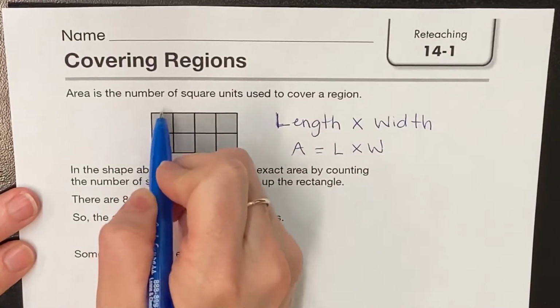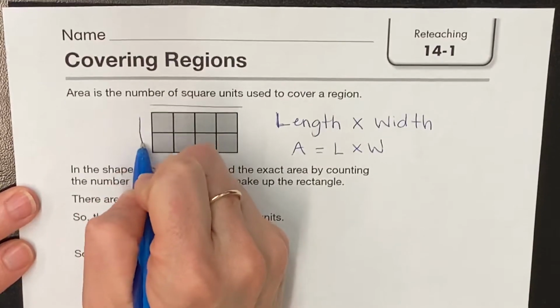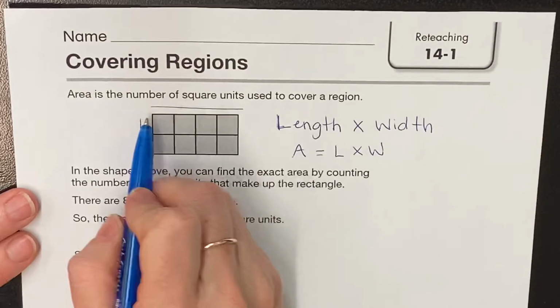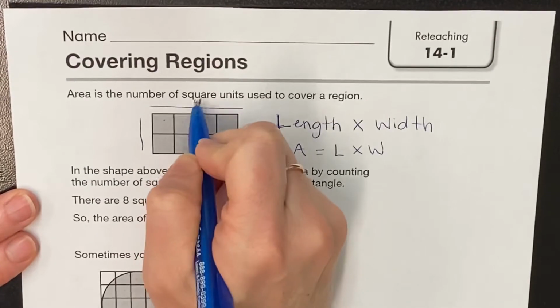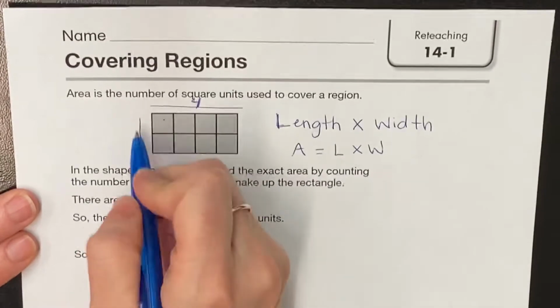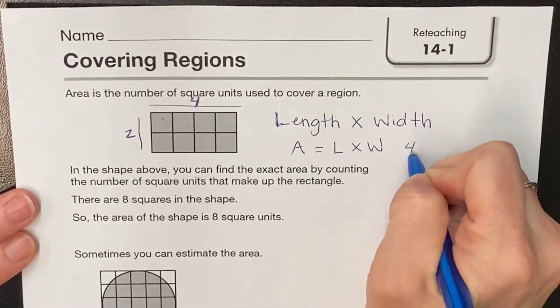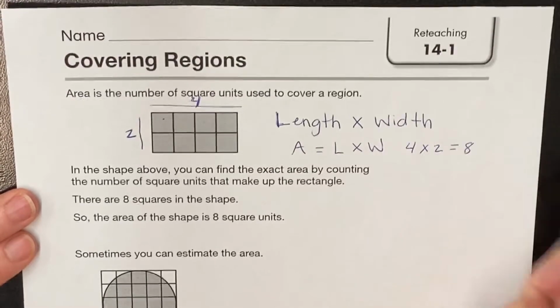So the length would be the longest part and the width would be the widest part. This length is 1, 2, 3, 4 square units, and the width is 2. So if we take 4 times 2 and multiply, we would get 8.